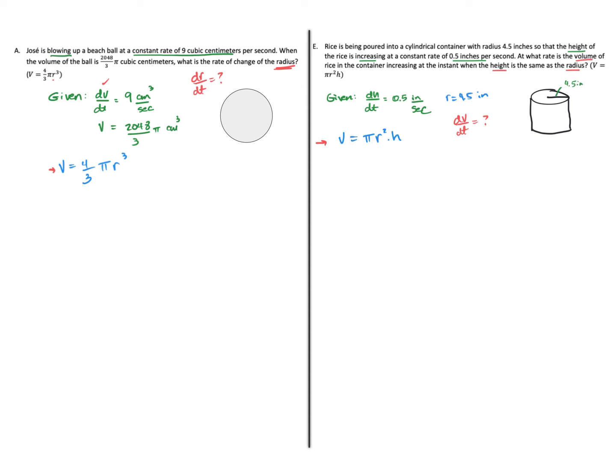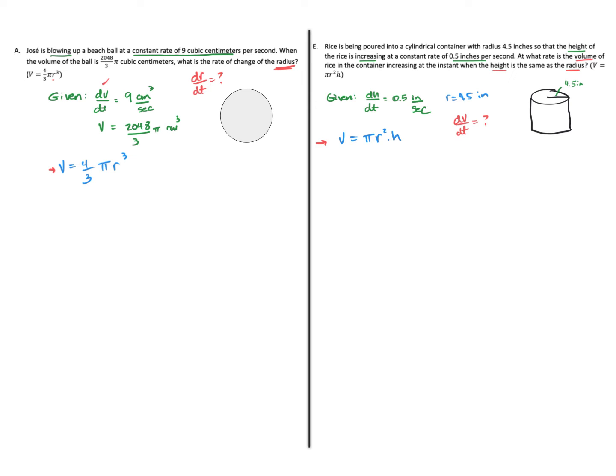But if we have something that is constant, that is never changing, we should plug that in before we differentiate. What happens when you differentiate is you are actually finding a rate of change. dv over dt is the rate the volume is changing. So you have to differentiate both equations. However, before you differentiate, you should replace anything that is constant just to make your work easier.